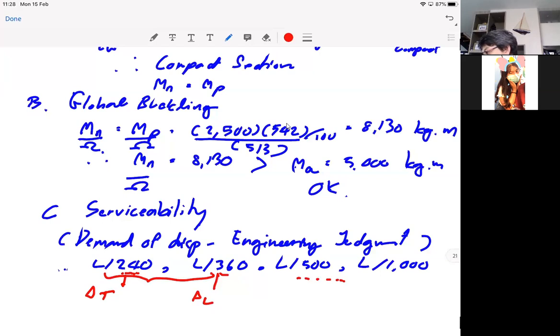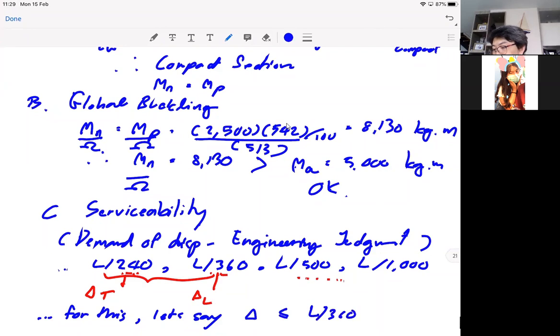Okay, so let's say in this case, delta is not going to be more than L over 360.